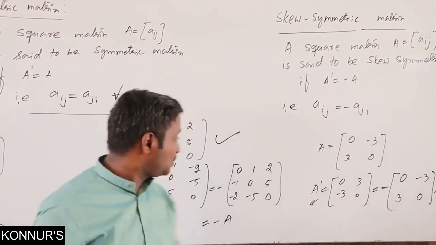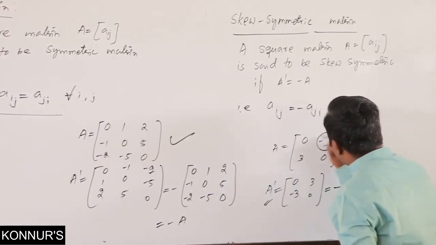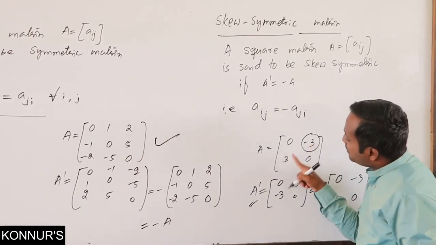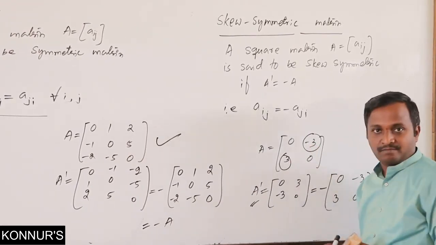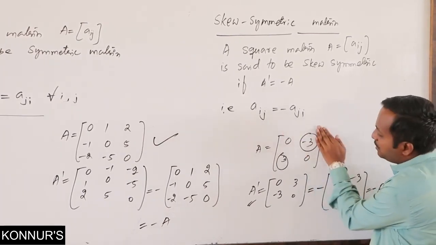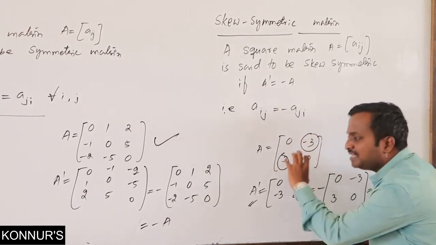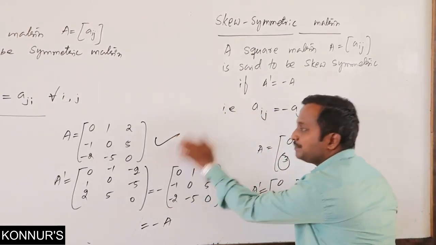How I have written? Just observe. Here I have taken an example. This is minus 3; write the opposite side 3, opposite sign. Make it fold about the principal diagonal. If you fold, what happens? Minus 3, plus 3. If you are not getting the clear idea, come to this point.